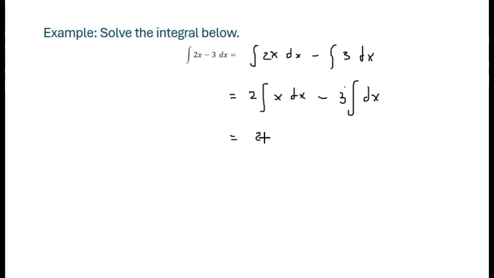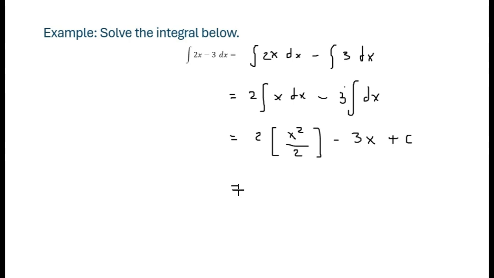In this case, we're going to have x squared over 2 for the first term, and for the second term, we're going to have 3x. And don't forget the plus c.